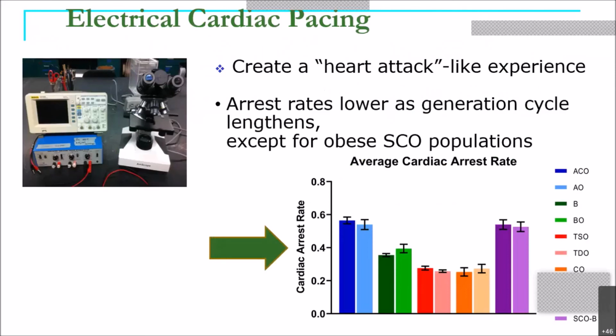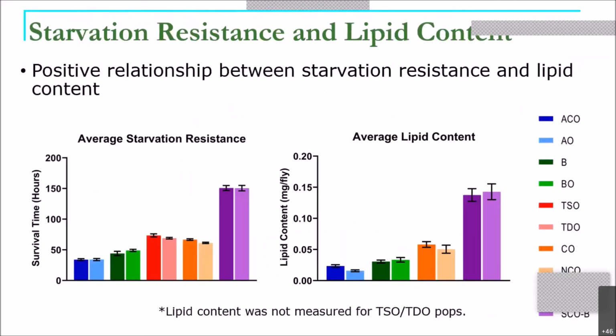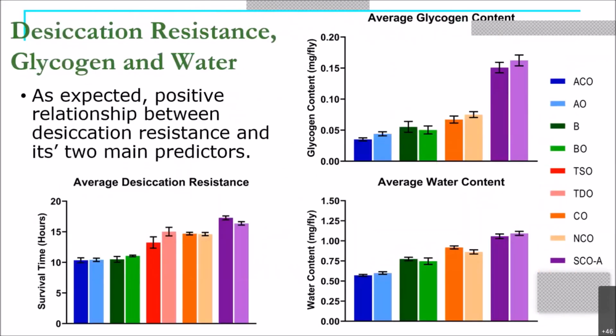And the more you pace them, the faster their hearts give up, and longer-lived flies have more robust hearts unless they're super fat, which are obese SCO populations, which die of heart attacks very fast, which in turn is largely predicted by average lipid content. This is why you don't want to be morbidly obese. It taxes the heart. This is true not only in mammals, it's also true in fruit flies.